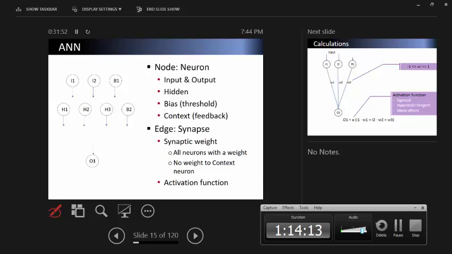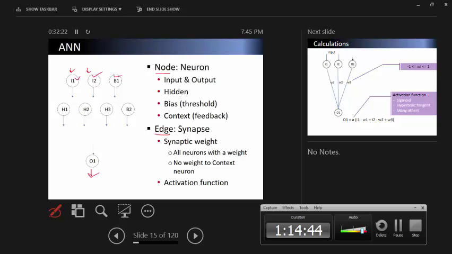And we have nodes and edges. A node is nothing but a neuron, an edge is a synapse. And we have input and output neurons and hidden neurons. Somewhere here, we have 2 inputs and 1 bias. This is input, 2 inputs, 1 output.